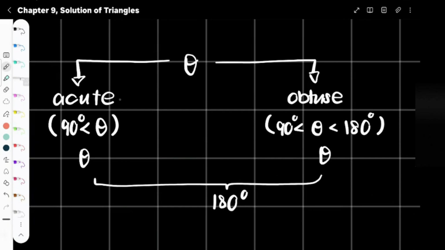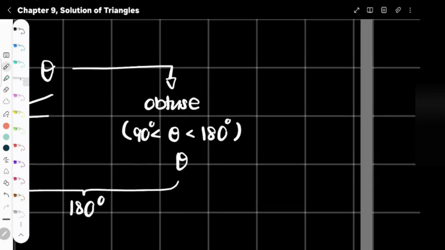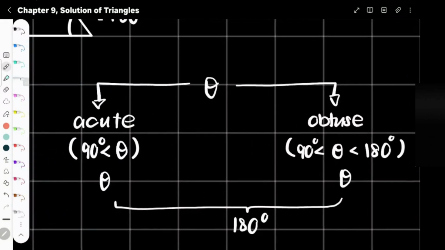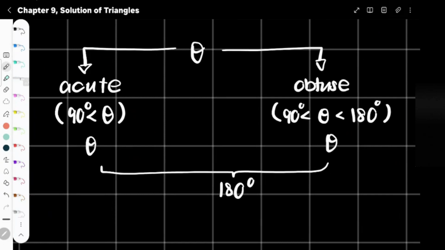So an acute angle, you can think of it like this. It's very little, less than 90 degrees. Meanwhile, obtuse, you can think of it like this. So that is obtuse, this is acute. And why is this important actually?